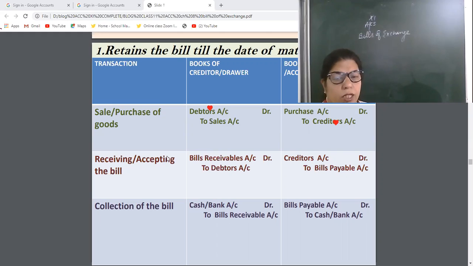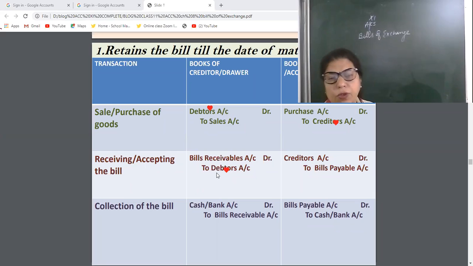Clear? Now the second condition. The drawer is debited here, now that drawer will be credited here. Same name. Now bills receivable account debit to debtors account. Debtor means the drawee who got the goods, now giving the bills receivable. He is the giver and the entry is bills receivable account debit because that comes in.